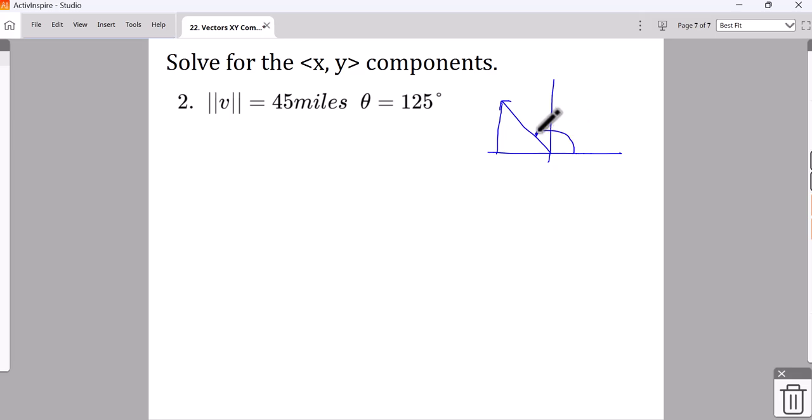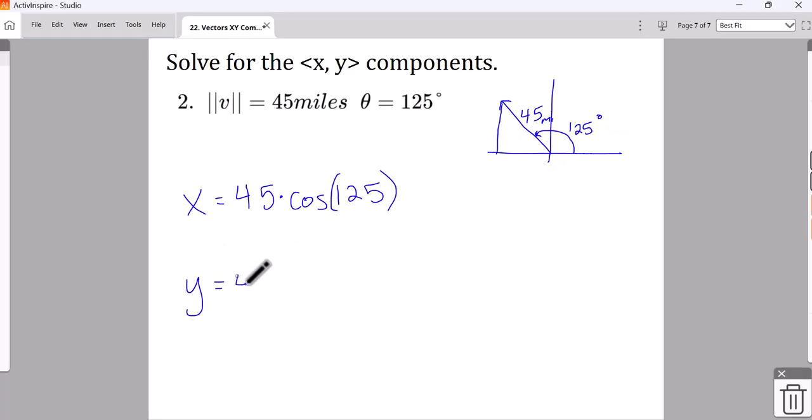The angle measure that gets me over here is 125, and the magnitude is 45 miles. And so as I work through this, my x value is 45 times cosine of the angle measure, and my y value is 45 times sine of the angle measure.